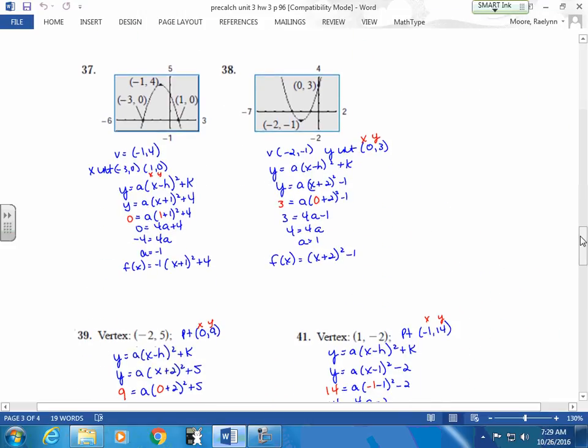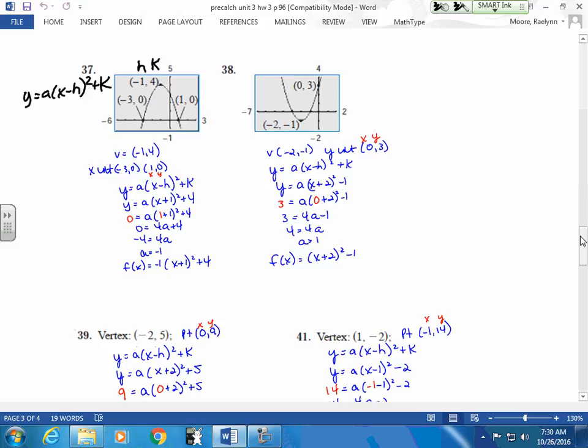Okay. So this gave us... so what's given that you can pull off this graph? The vertex. So my vertex is (h, k).